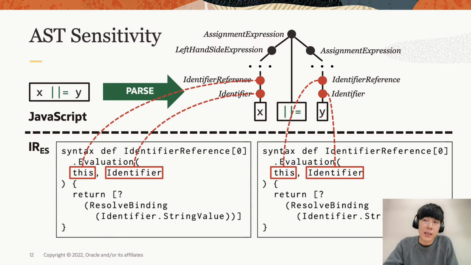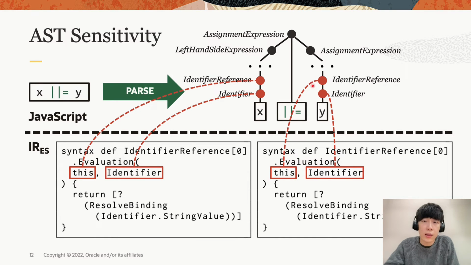Now let's apply the AST sensitivity in this case. Then calling contexts are divided into two different cases. One case is when the parameter this stores the AST of x, and the other case is when it stores the AST of y.